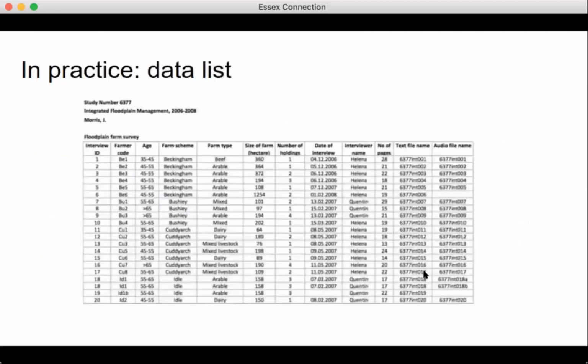Okay, so we spoke already about a data list that can be archived along with qualitative data. This is specifically for if you're planning on collecting qualitative data. So this is an example of how it would look and what information it should contain.